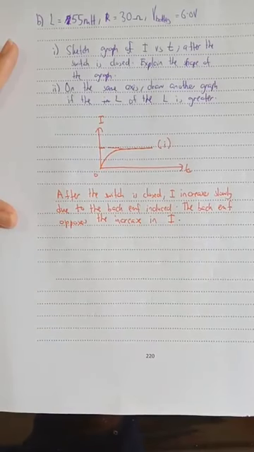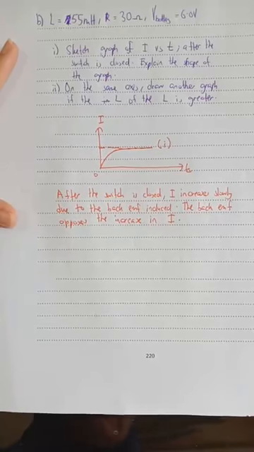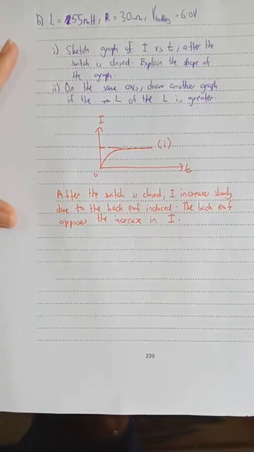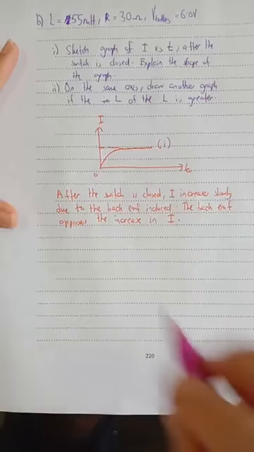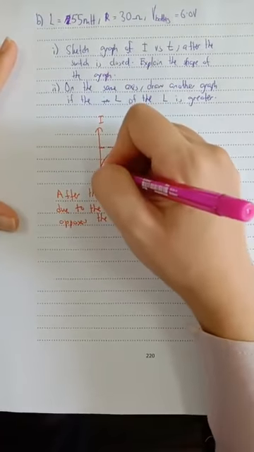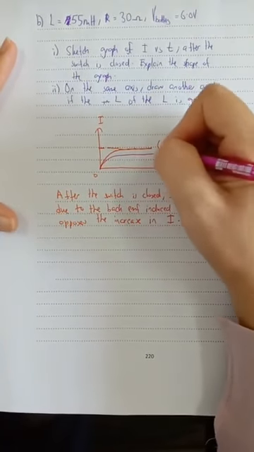Then on the same axis, draw another graph if L is greater. Okay, when L is greater, the back EMF is also greater. So it will reduce the current. So my second graph is like the current is not as high as the number 1.